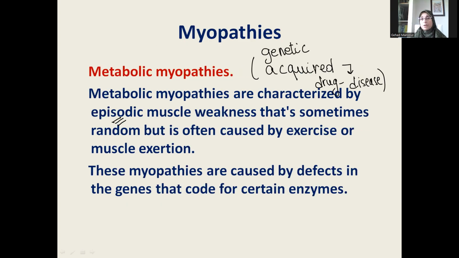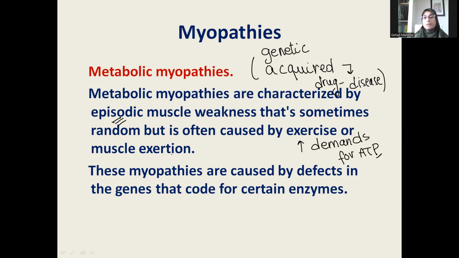But metabolic myopathies, if they are congenital, are only seen when you exercise. Why? When you exercise, there are increased demands for ATP, but my mitochondria don't produce a lot of ATP when needed.